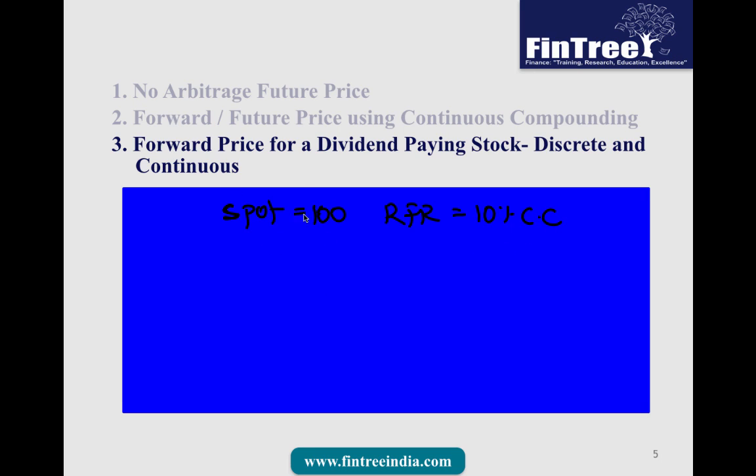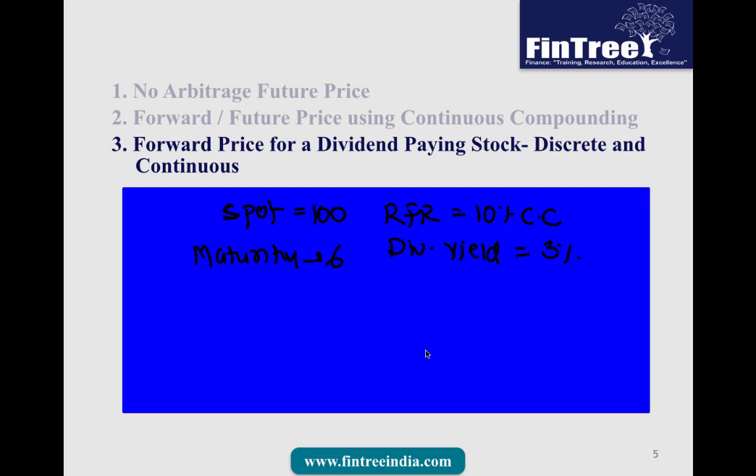Now assuming that this is the value of an index, let us say we have also been provided with a dividend yield of 3%. And of course we are left with maturity. Let us say maturity is 6 months.